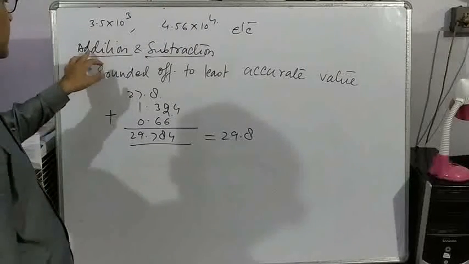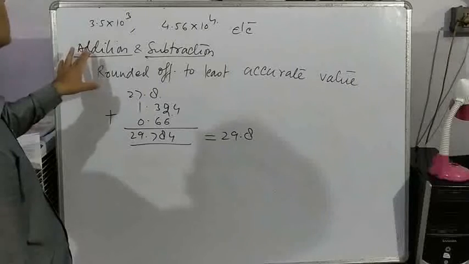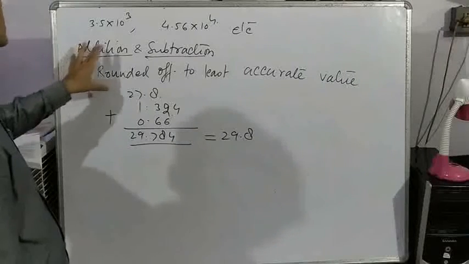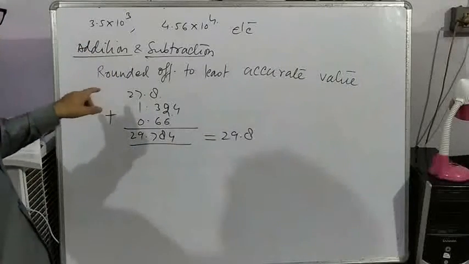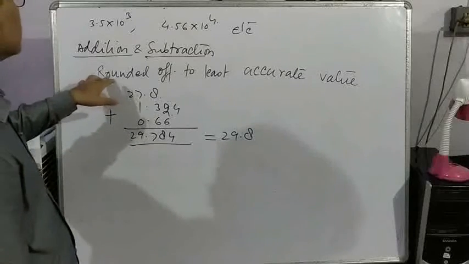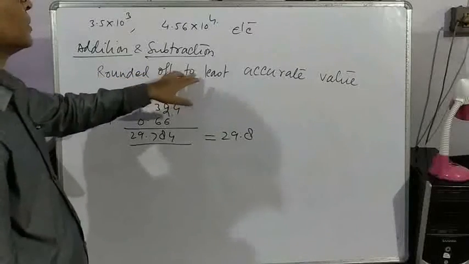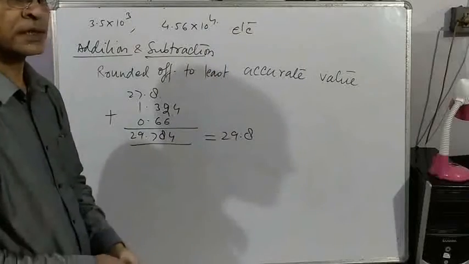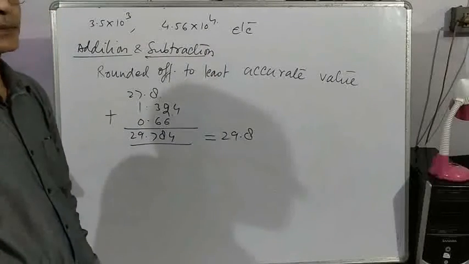Now let us understand significant figures in addition and subtraction. The result is rounded off to the least accurate value.